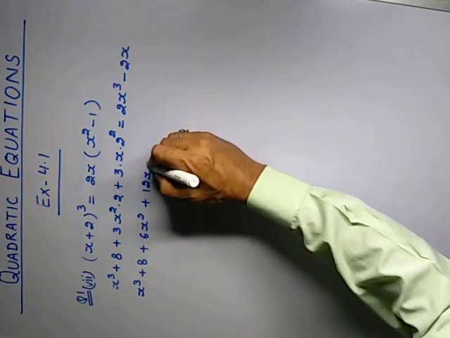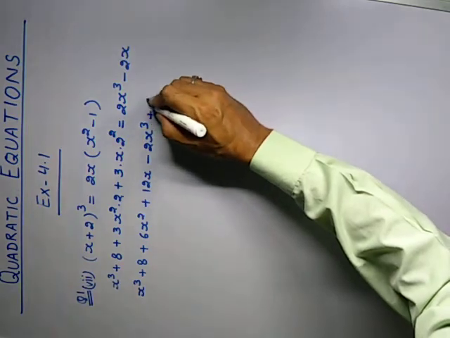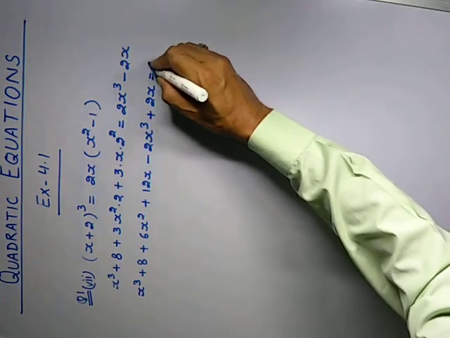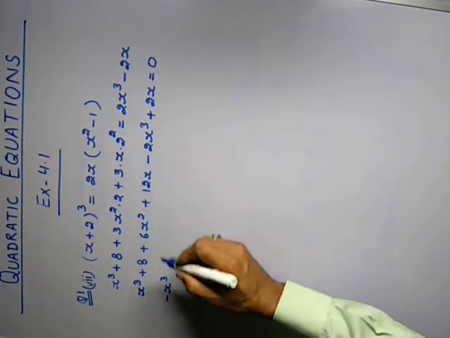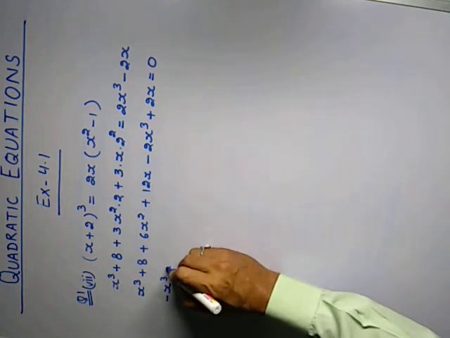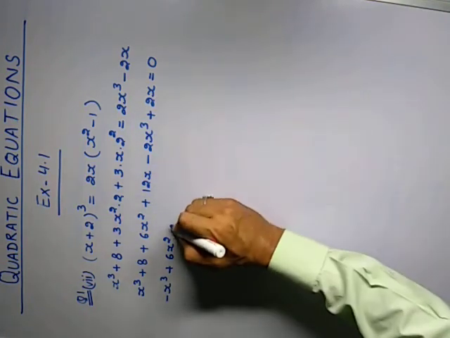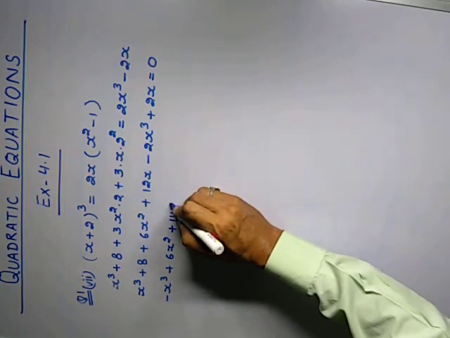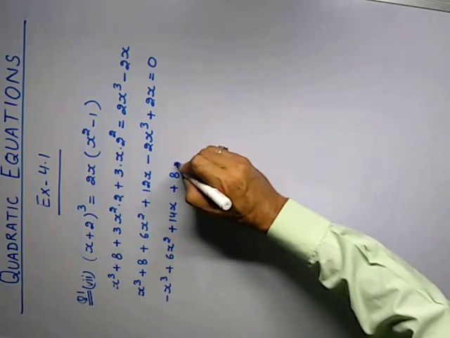if we shift right hand side to left hand side it will be minus 2x cube plus 2x equals 0. X cube minus 2x cube will be minus x cube, 6x square, 12x plus 2x is 14x, and plus 8 equals 0.